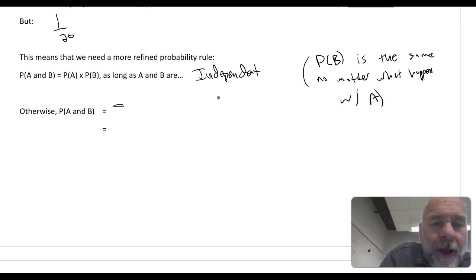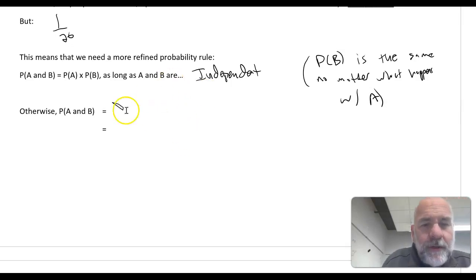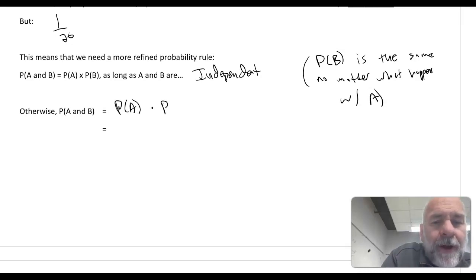It's the probability, that was kind of weird. Get rid of that. The probability of A and B is the probability of A times the probability of B, given that A has occurred.